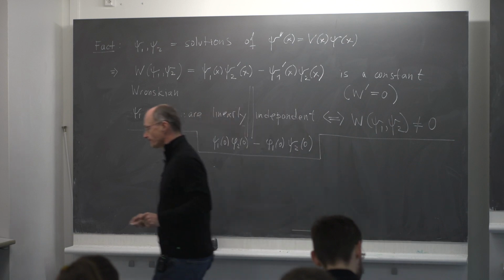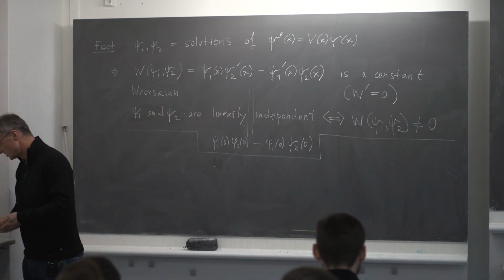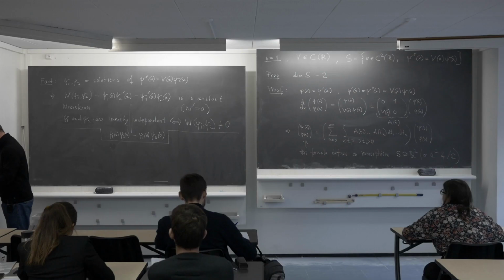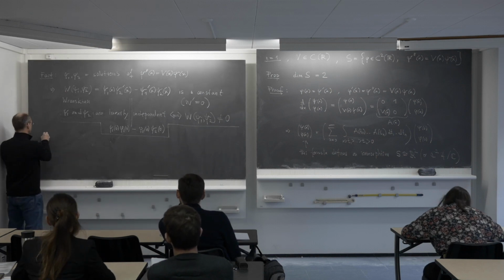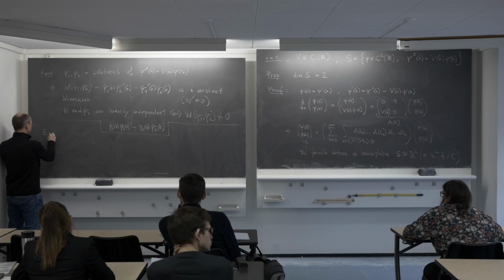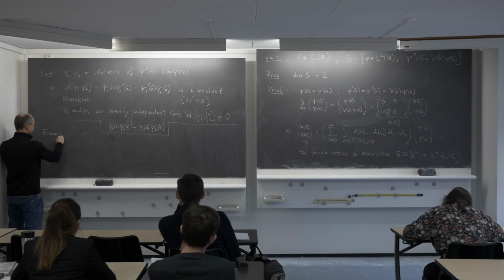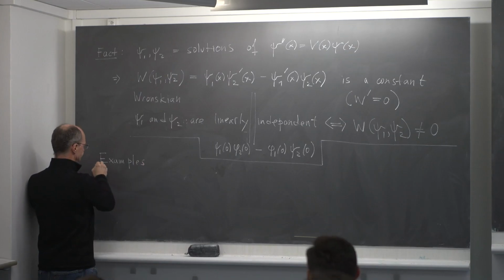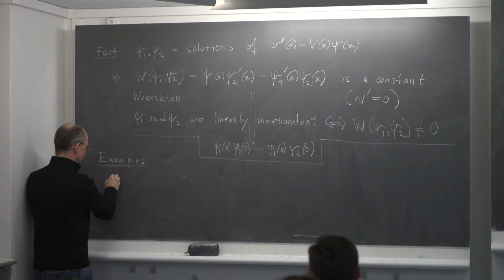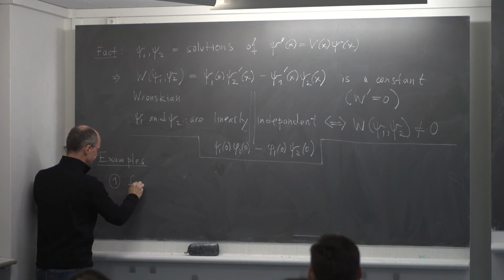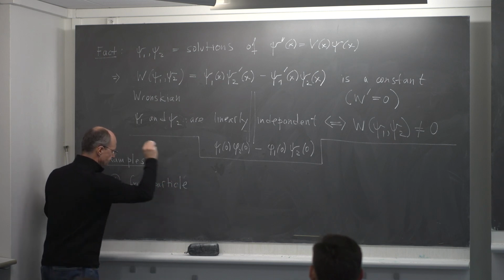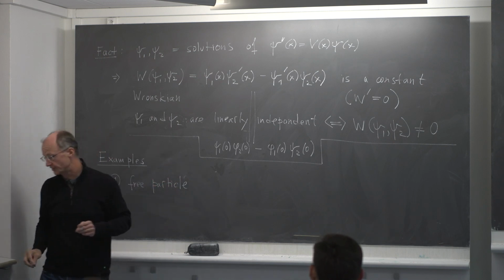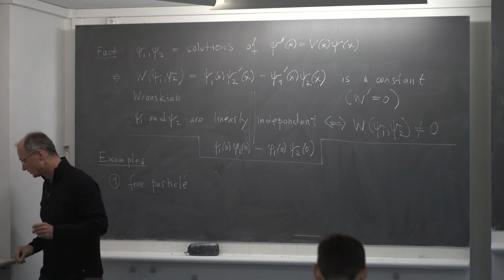Okay, so let's look at the easiest example of this situation. Now we'll look at a series of examples. And the first example goes under the name of a free particle.